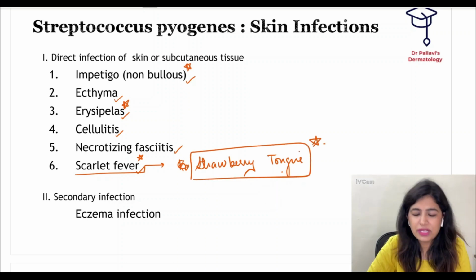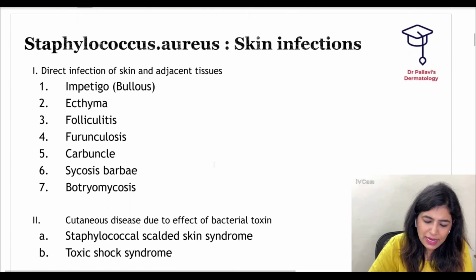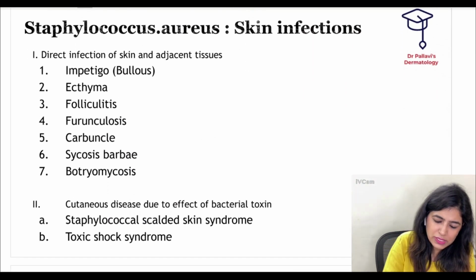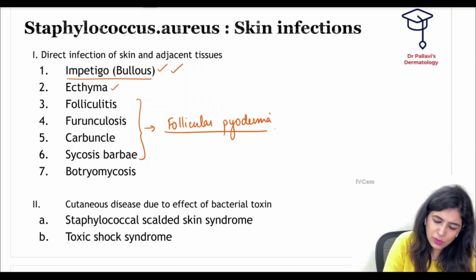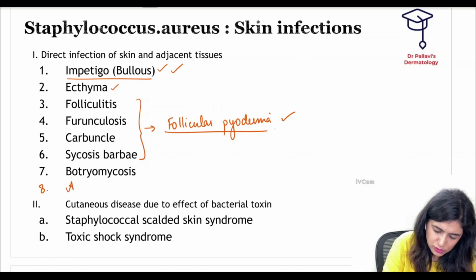Okay, so these are the infections caused by Streptococcus, and the ones caused by Staphylococcus include mainly the bullous impetigo, ecthyma, and all these follicular pyodermas. So it will infect the skin, the hair follicle, and it will also infect the nails, causing acute paronychia.